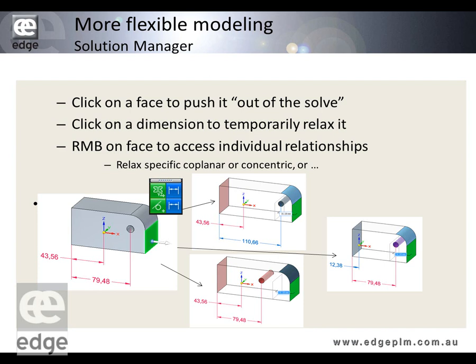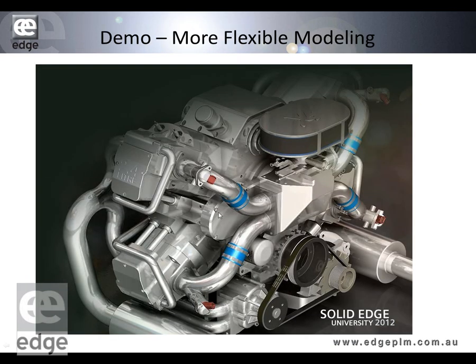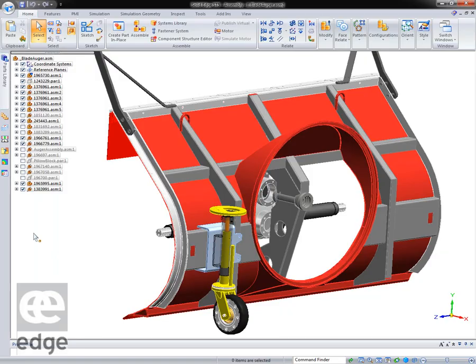That's been modernized significantly. It's a thing we call Solution Manager now, and this happens automatically, and it allows us to examine what's going on from the graphical user interface rather than having to go into tables and look down through things and find out which faces belong to which. We can do that directly on the screen, and we'll do a demonstration of this, and it'll make it a lot clearer for you. Speaking of which, let's start up Solid Edge and do a demonstration.